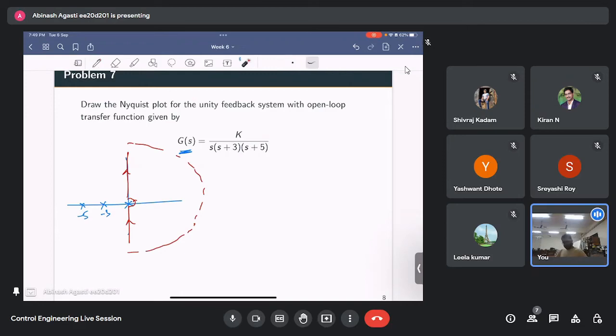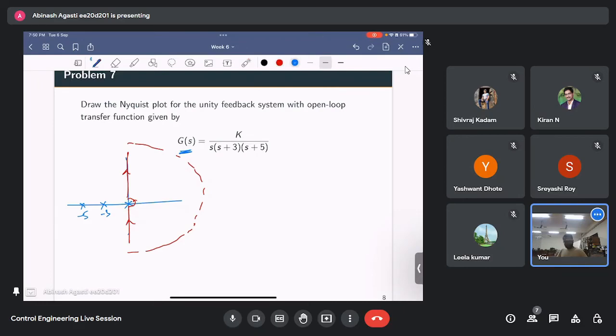See that this entire big curve has 4 parts. One is from 0 to infinity, then the large arc from infinity to infinity with the angle changing from 90 degree to -90 degree, then minus infinity to 0, and a very small detour around the 0 point so that this pole is not included.